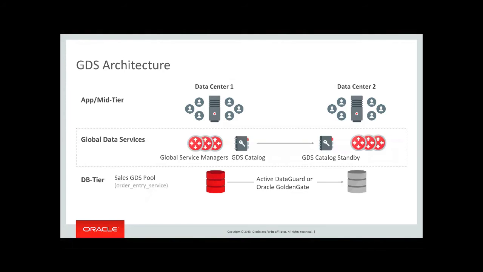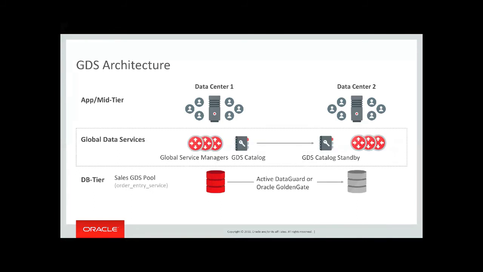Now, we recommend that it needs to be protected with a standby. And we also recommend that you have a pool of GSMs in both data centers for high availability. I'm showing 3 GSMs in this example. The bare minimum number of GSMs is 1. For high availability, you want at least 2.